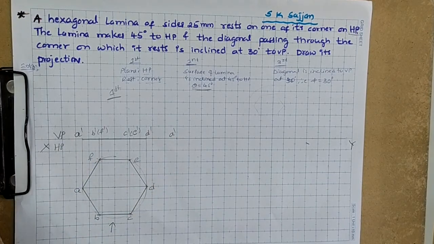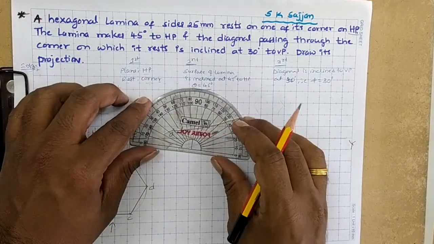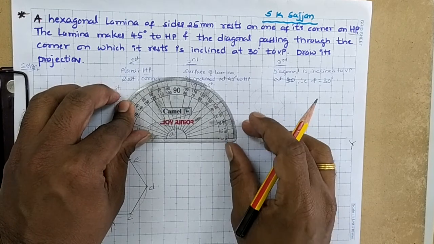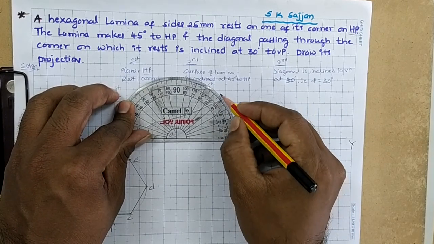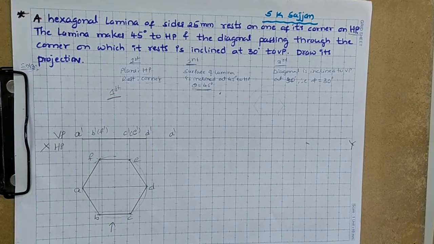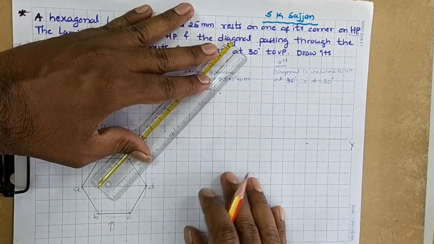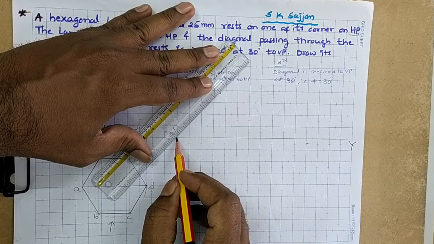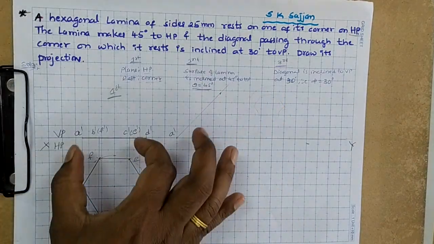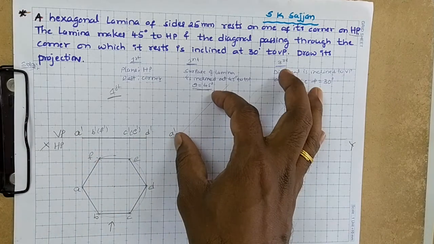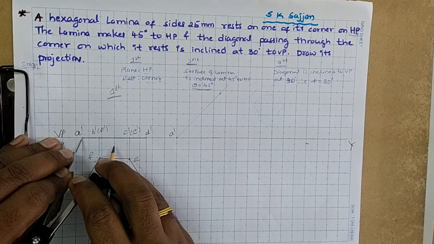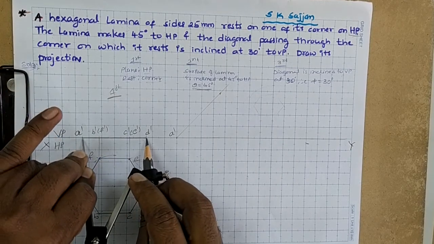Measure 45 degrees above the XY line here. Now redraw this front view on this 45 degree line, measuring this length.